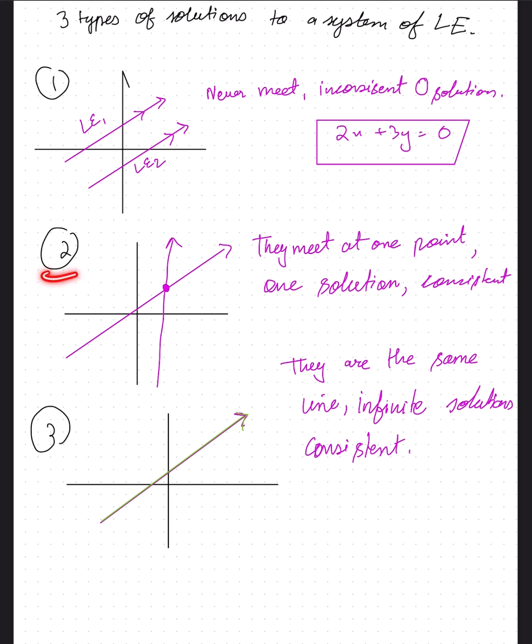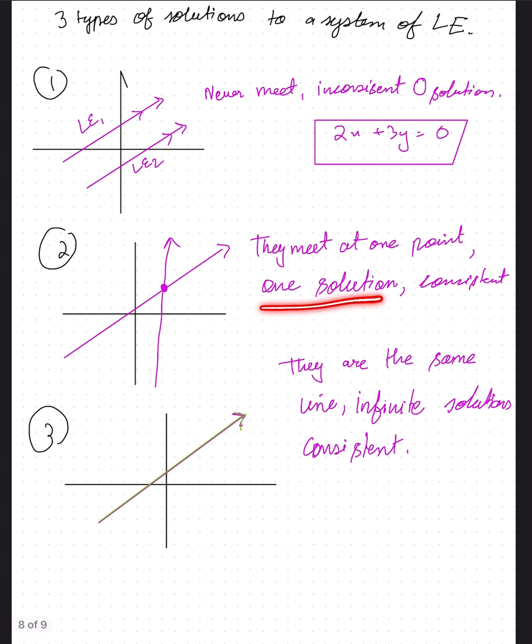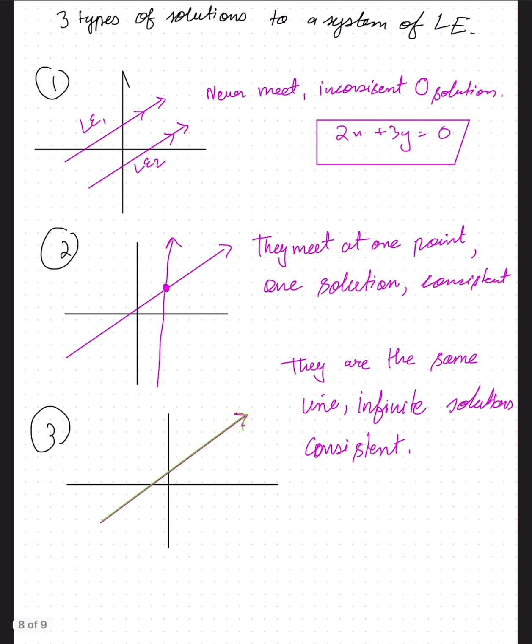The second one, the most common one, is when they meet at one point. When two equations meet at one point, you have one solution that makes the equations true. So we call it a consistent system with one solution. The third one is also a consistent system, but that only happens when you have two lines that are over each other, that are together.